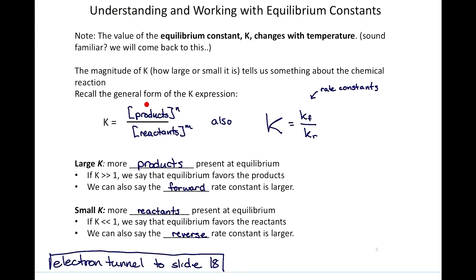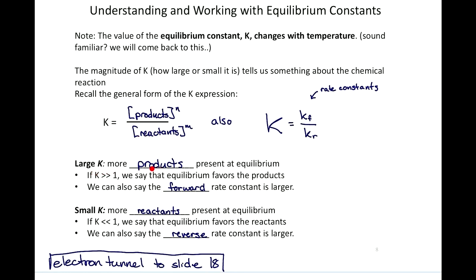Versus if K is a small number, like 0.001, how with fractions we get a small number is if you put a big number in the denominator, right? That's a tip that'll help you for predicting how reactions work moving forward. So if K is a small number, we have a lot of reactants present at equilibrium.